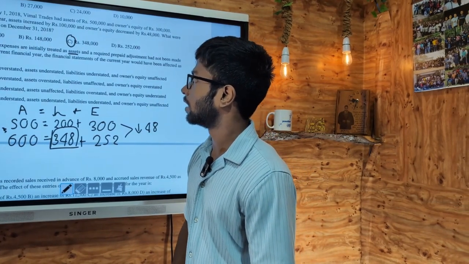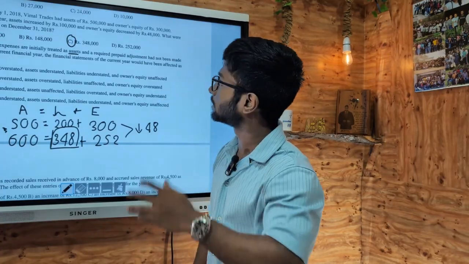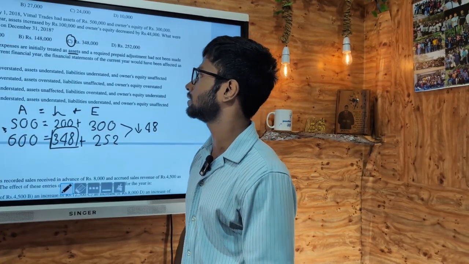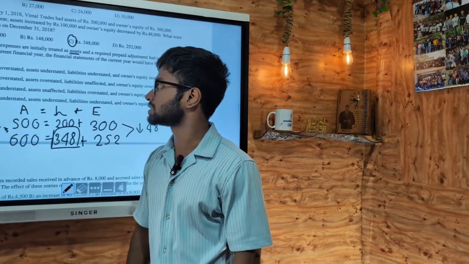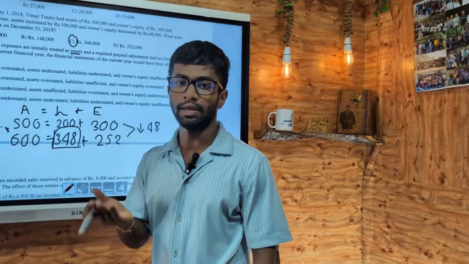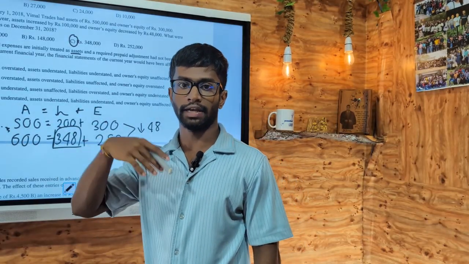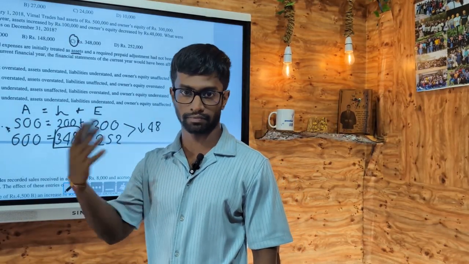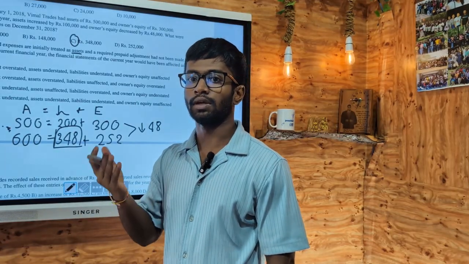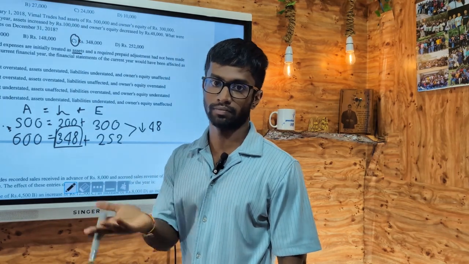Here, if prepaid expenses are initially treated as an asset and the required prepaid adjustment has not been made during the current year, what has happened is, when we do a prepayment, we do it for the next year. That is an expense relevant for next year. But if it's included during this year as an expense, we have included more as an expense during the year.